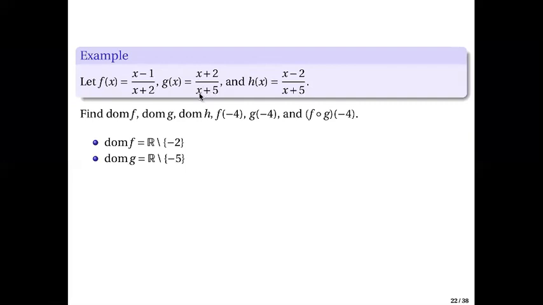The denominator is x plus 5. We don't want our denominator to be 0, so we take away x equals negative 5, because when x equals negative 5, the denominator here will be 0. Therefore, the domain of g is the set of real numbers except negative 5.